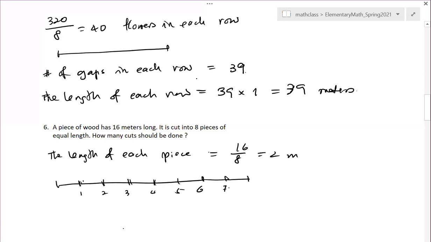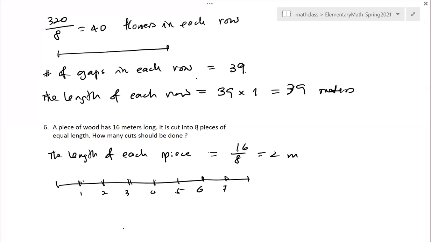If we draw the picture, you can get a general formula. If it's cut into 1,000 pieces, how many cuts? 1,000 minus 1. So when you do problems with specific numbers, you have to think about the general method. If I change 8 to 1,000, 2,000, or an arbitrary number x, then how many cuts?